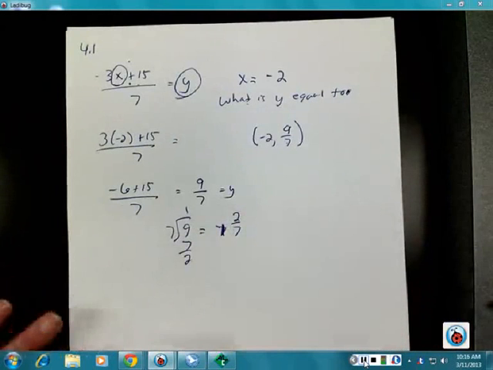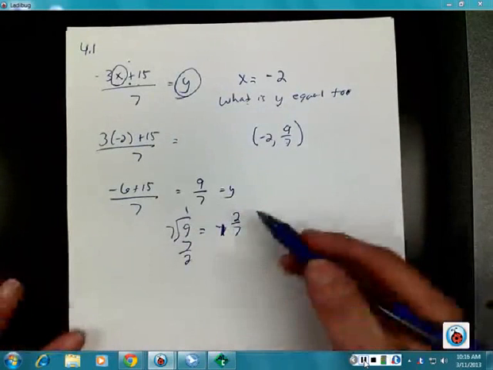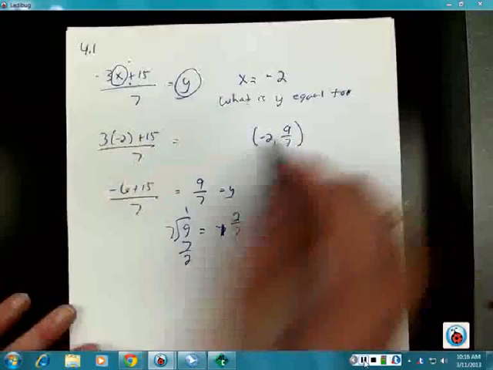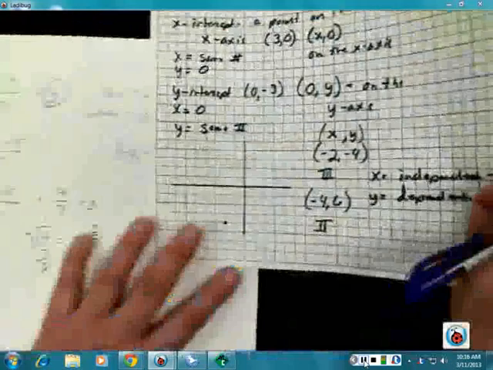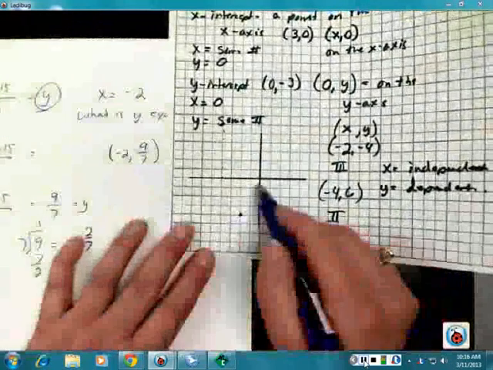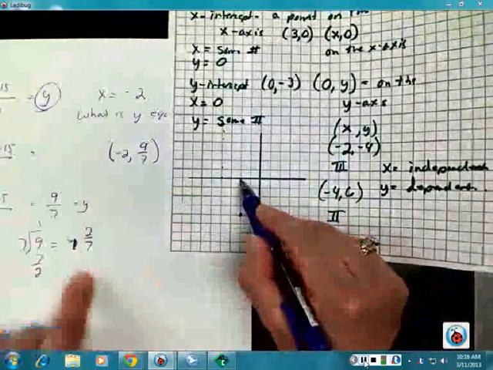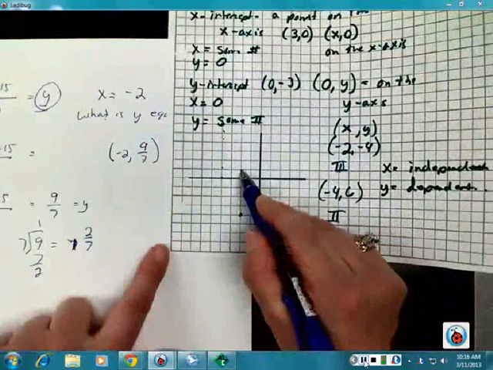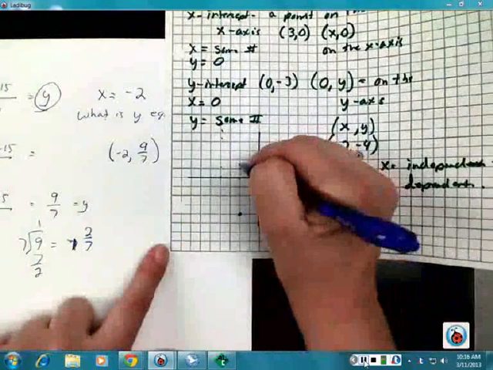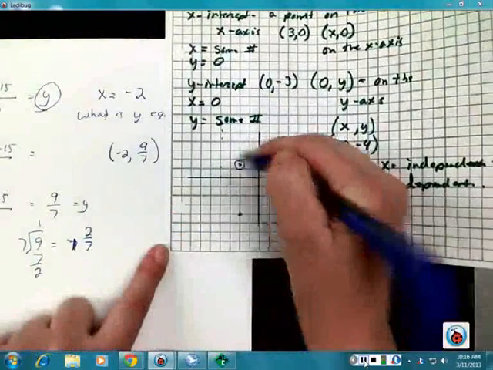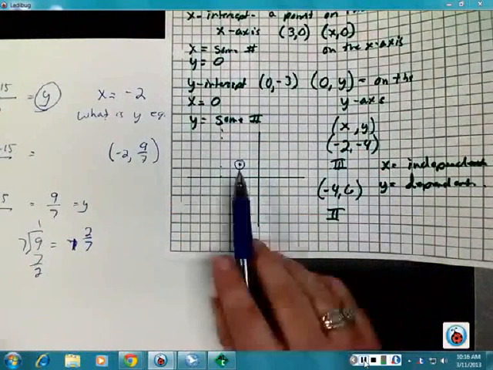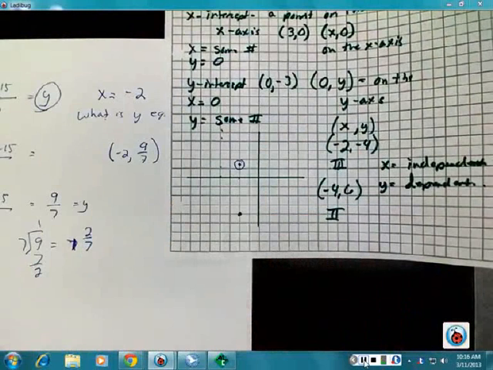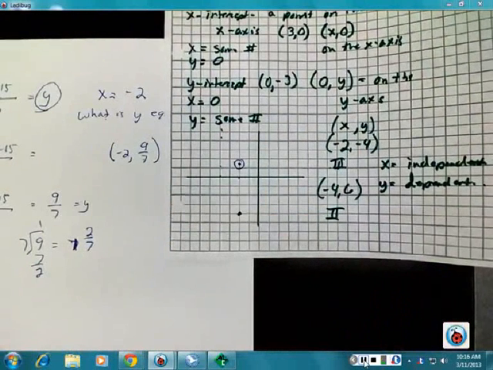So if I have 1 and 2/7, what happens to that when I plot it? Well, if I put my graph back in here and I plot that, I'm going to be at a negative 2, and I want to go up 1 and 2/7, so I want to approximate that. So that's where that point would be located. Okay? So that's my location on that point. And so I know where it happens to set at that point.